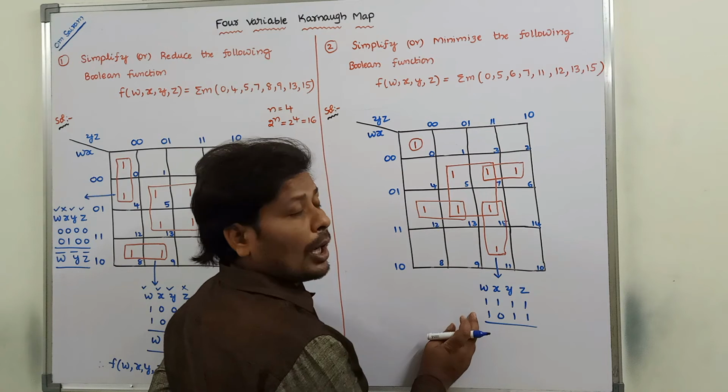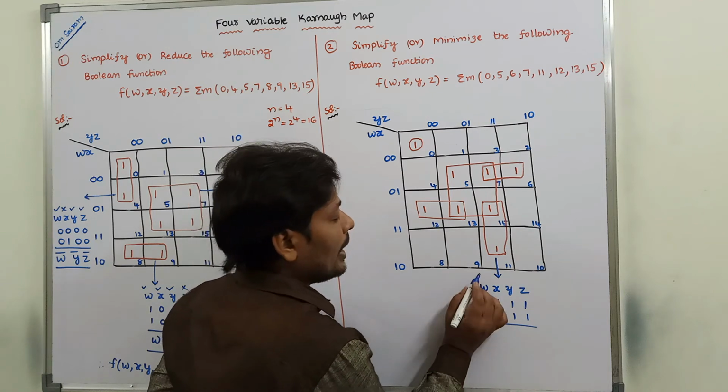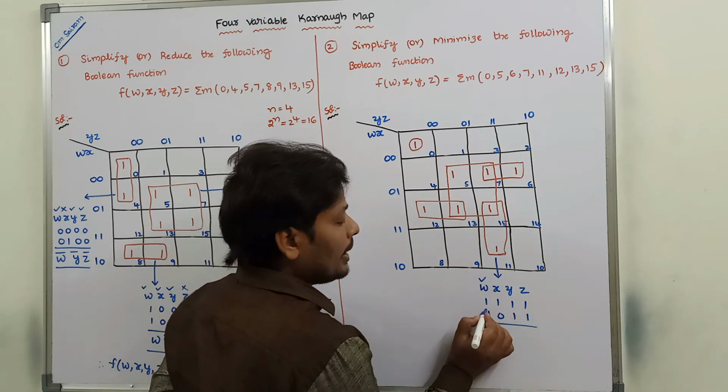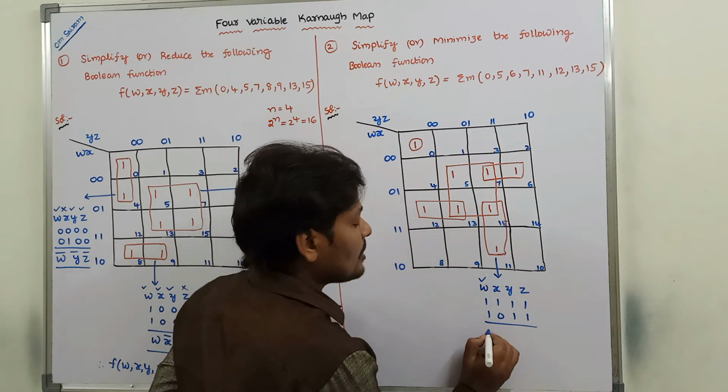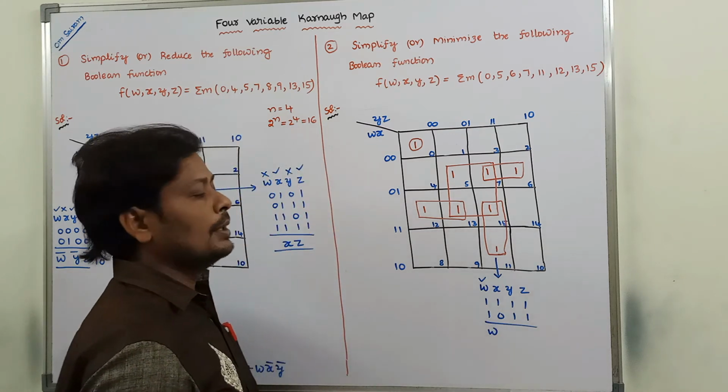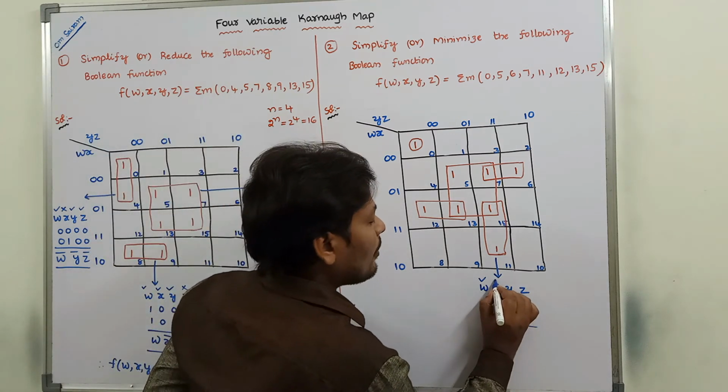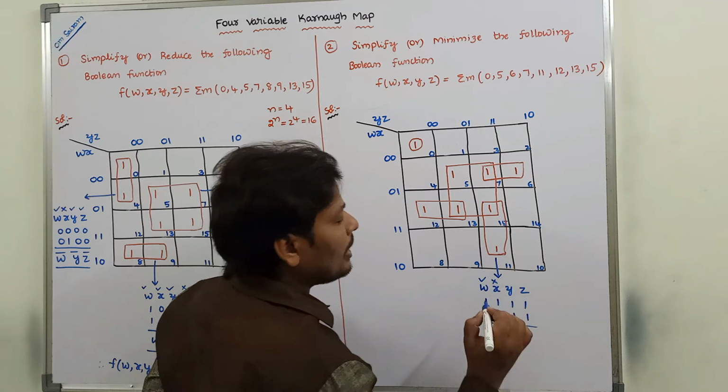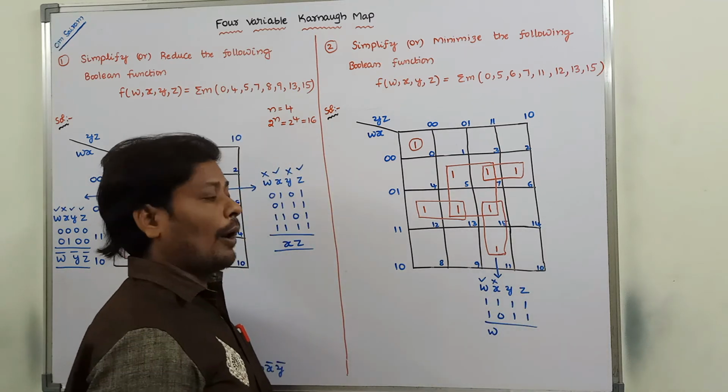Under the W column only ones are there, so we consider that column. W value 1 means we write W. Under the X column a combination of zeros and ones is there, so we ignore that column.